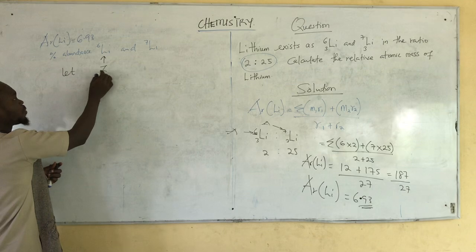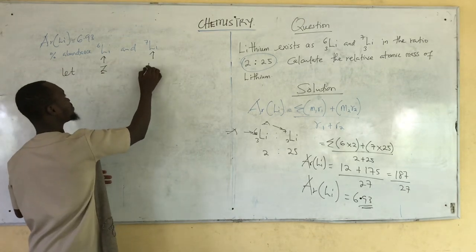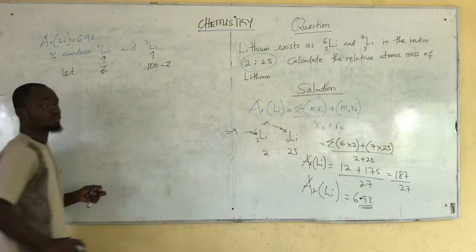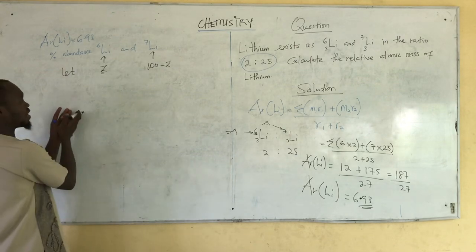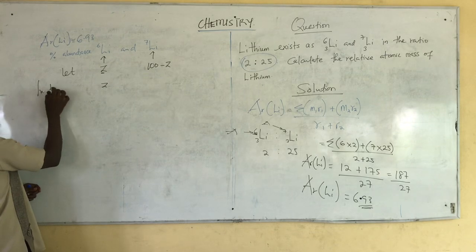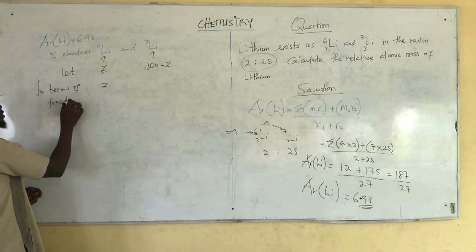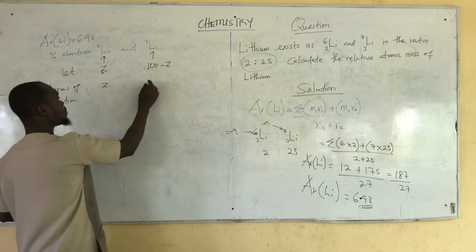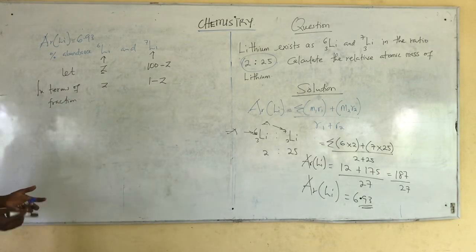So once this represents the percentage abundance of the first one, the second one's abundance becomes 100 minus that variable. Is that okay? And if we are talking about the fractional abundance, and if this one is z, so in terms of fraction, if one is z, the other one becomes 1 minus z. Is that okay? The rest is substitution.